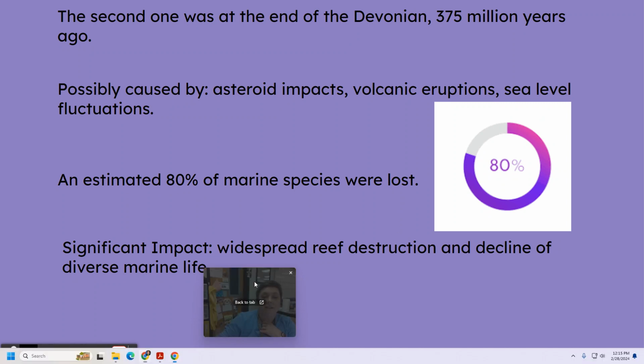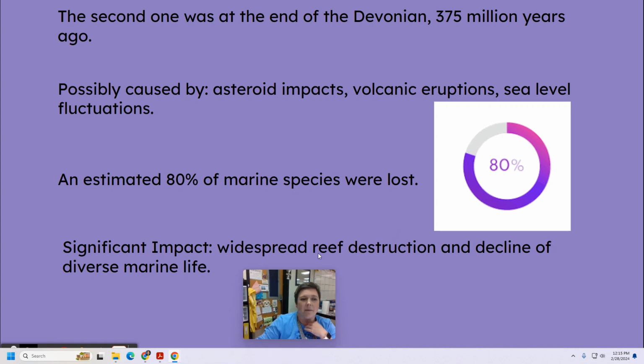And this is pretty similar to the last one: widespread reef destruction and a decline of diverse marine life. Of course, we still do have diverse marine life in the oceans now, but not like we did before this Devonian mass extinction.